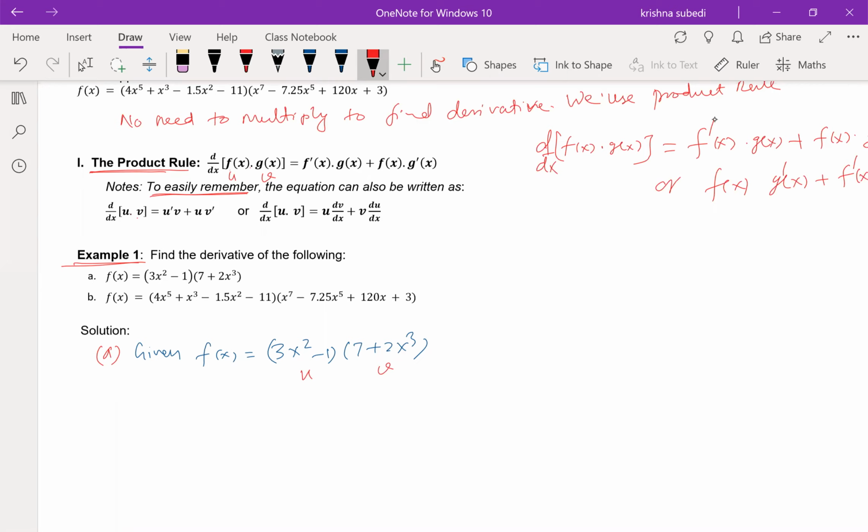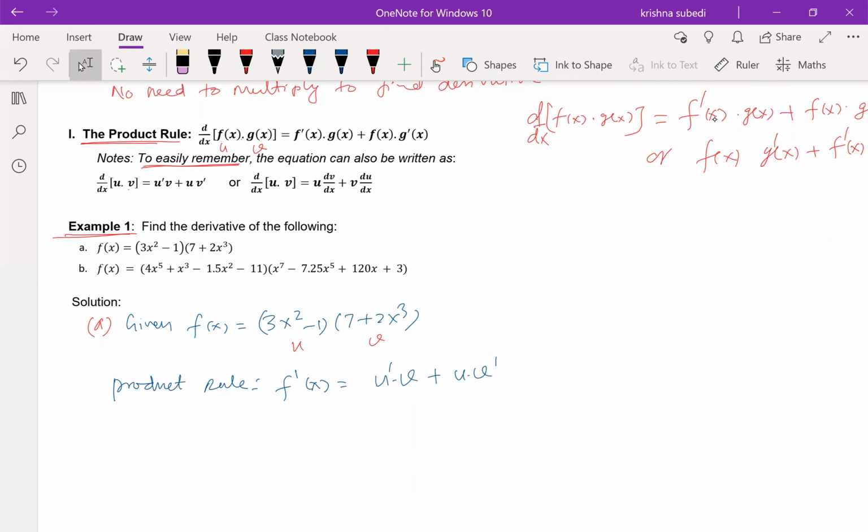Now the formula is the product rule, because we see that there are two functions multiplied. So the product rule is f prime of x equals u prime v plus u v prime: just copy u v twice, and take the derivative one at a time.